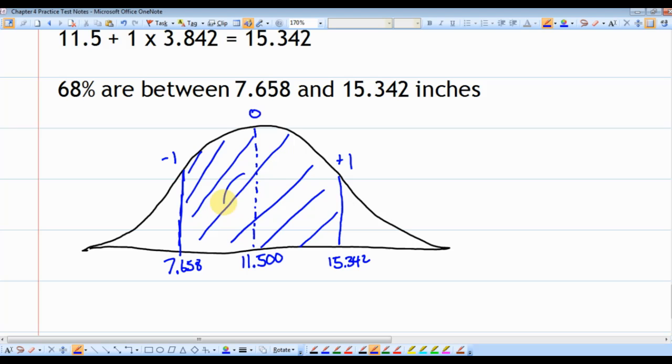This is all 68%. 68% are within 1 standard deviation of the mean. Or another way of saying it is 68% of the measurements are between a z-score of -1 and a z-score of +1. Okay?